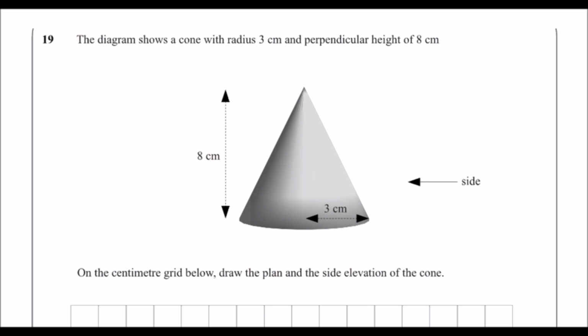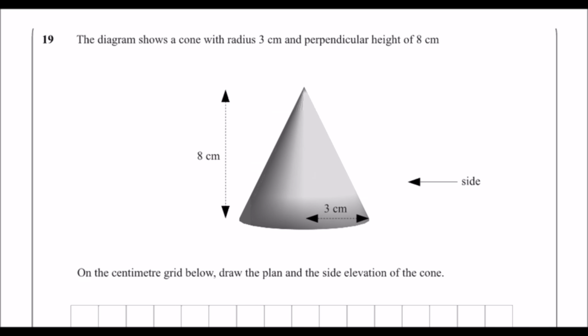Question 19. The diagram shows a cone with radius 3 centimeters and a perpendicular height of 8 centimeters. We need to draw it on the centimeter grid below. Draw the plan and the side elevation. So the plan is the view from above, and from above, looking down on a cone, it will look like a circle.